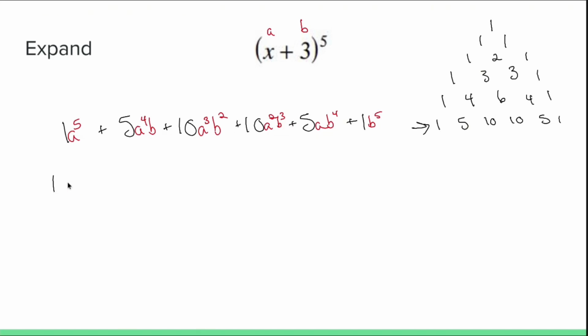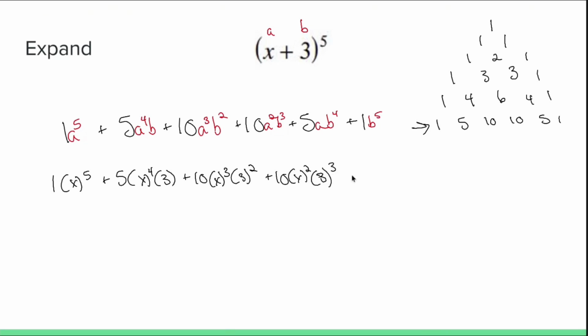Now we plug stuff in. So 1, x to the 5th, plus 5, x to the 4th, 3, plus 10, x to the 3rd, 3 squared, plus 10, x squared, 3 to the 3rd, plus 5, x to the invisible 1, 3 to the 4th, plus 1, 3 to the 5th.